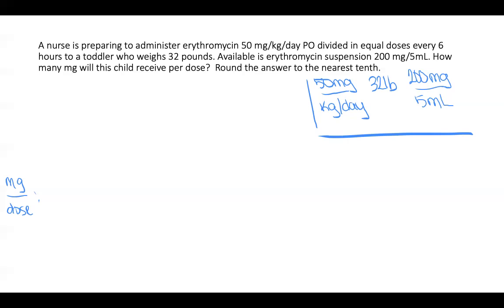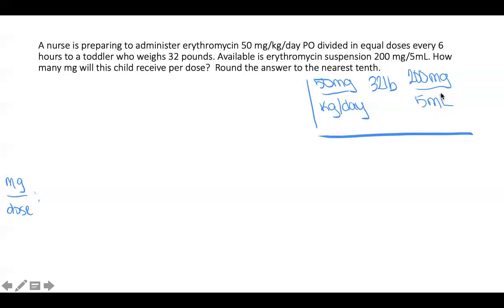So let's say you still don't know what to do. If you run into this problem, you can say, okay, I know I need to use one of these 2 pieces of information. I either need to use this or this. So how do I determine which one? If you really can't figure it out, the way I do it is I look at it and say, well, this didn't ask me for milliliters, so common sense says I don't need this right here.